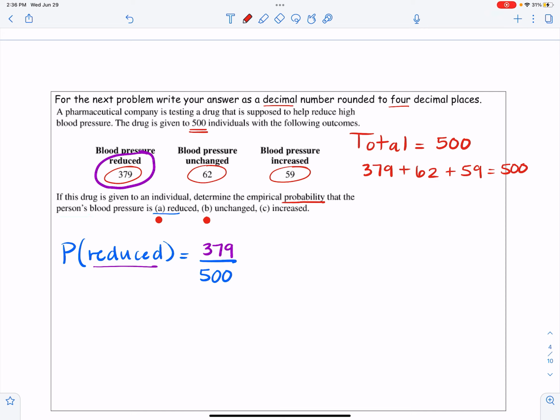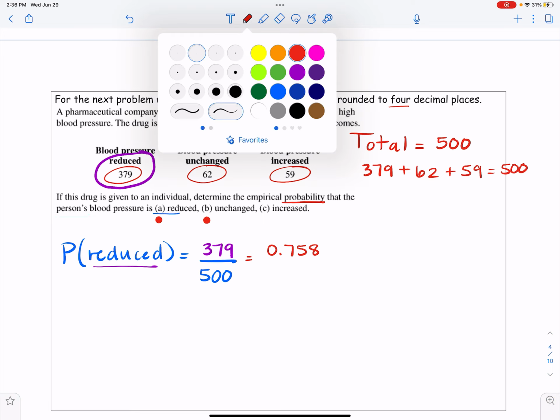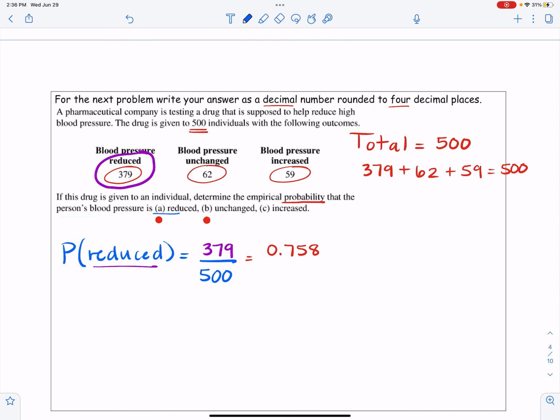So this time I'm going to go ahead and take my calculator out. 379 divided by 500, and that gives me in decimal form a probability of 0.758. And again, these rules always work the same way. So if I want to do B, find the probability that the person's blood pressure is unchanged.